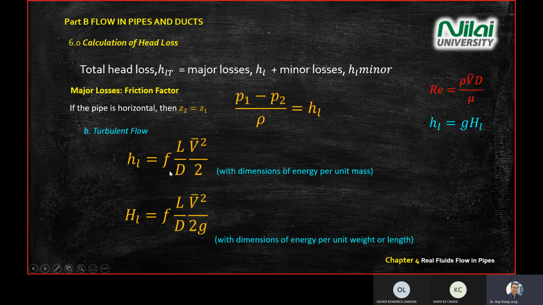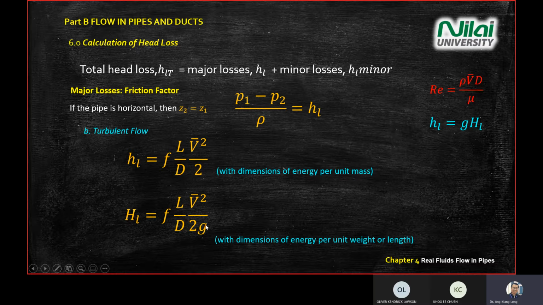Both are major losses, only the dimension differs based on the requested dimension. Clear? So if the question asks you to put your answer in energy per unit mass, you use the first one. If the question asks you to put the answer in dimension of energy per unit weight or length, you use the second equation.